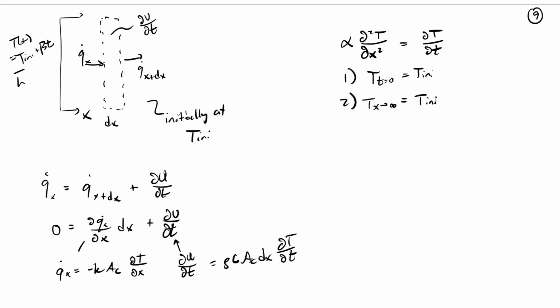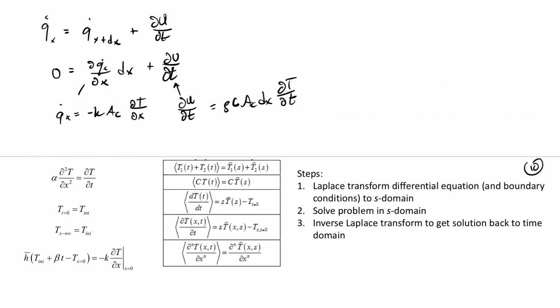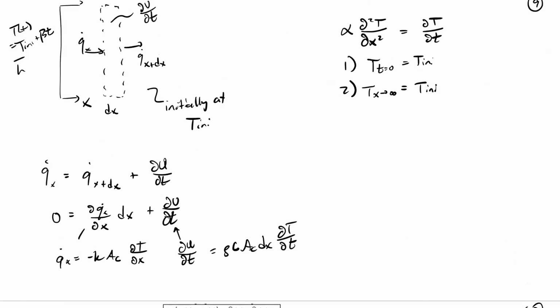Okay, so then next thing is going to be, oh, sorry, there's one more, isn't there? So the third boundary condition, let's be careful here, is convection at the wall. And that's just H bar times the temperature difference, which is T initial plus beta T, that's the temperature of the surroundings, minus the temperature at the wall, which is T at X equals 0.